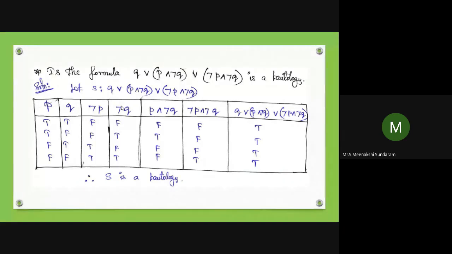What is a disjunction? If either one is true, the output will be true. So check columns 3, 4, 5, 6: if any one of the values is true, you write true. Same for the negation of P conjunction, and the second 5, 6 columns.